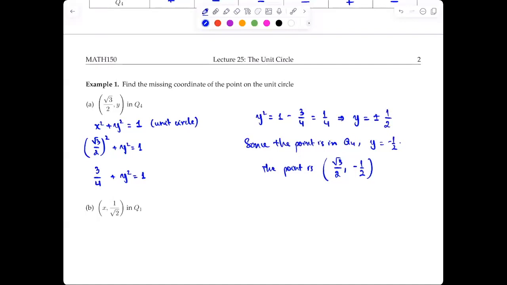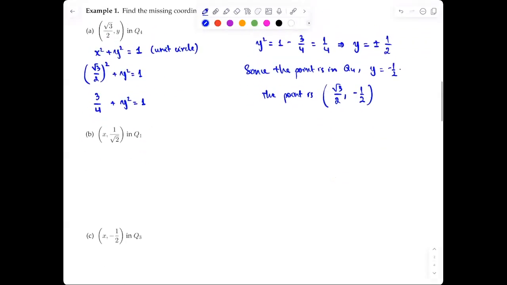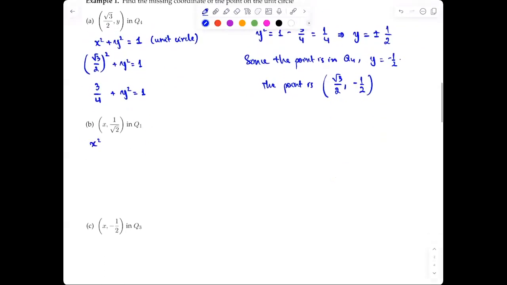Okay, so let me do part B again. You start again with x squared plus y squared equal to 1, the equation of the unit circle. So x is missing, right? But you know y. So x squared plus 1 over root 2 squared equal to 1. 1 over root 2 squared is going to be 1/2.